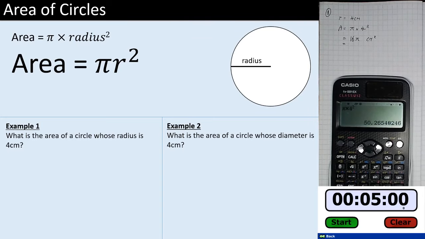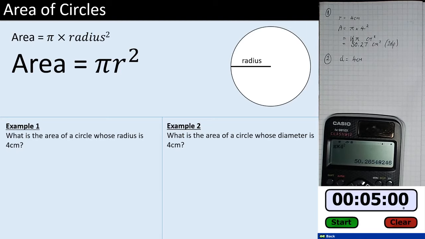Our second example says that what is the area of a circle whose diameter is 4 centimeters? Okay, so in this case, our diameter is 4 centimeters. Now, to find the area, we don't want to know what the diameter is, we want to know what our radius is. Remember that our radius just goes from the center to the edge.